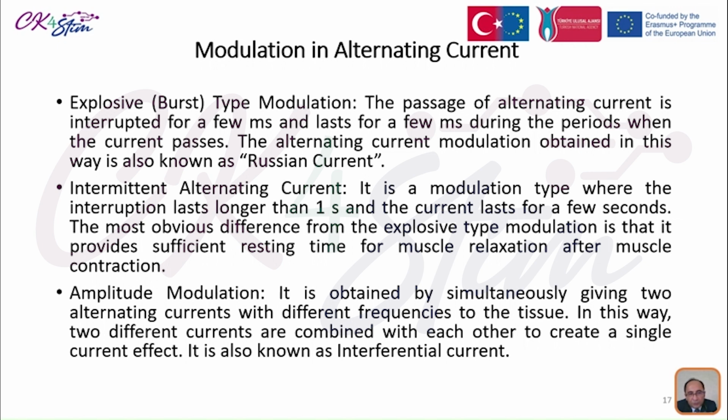Amplitude modulation is obtained by simultaneously giving two alternating currents with different frequencies to the tissue. In this way, two different currents are combined with each other to create a single current effect. It is also known as interferential current.